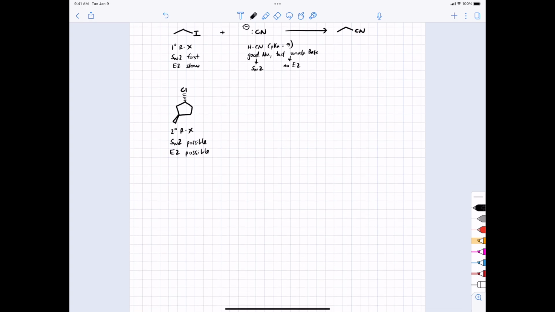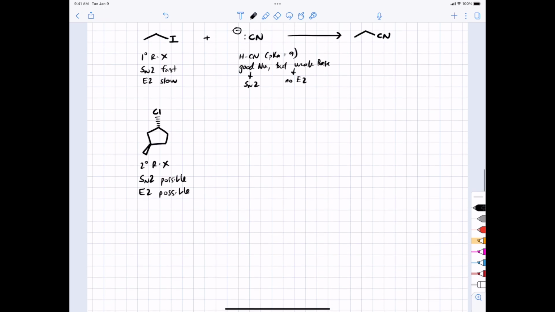So now let's use a different nucleophile. Let's use the azide nucleophile. Azide, N3 minus, is the conjugate base of HN3, which also has a pKa of around 9. Again, this is a molecule that is a good nucleophile, but a weak base.